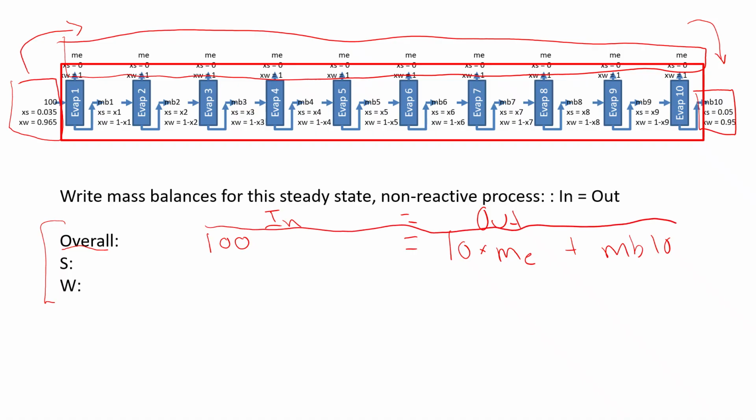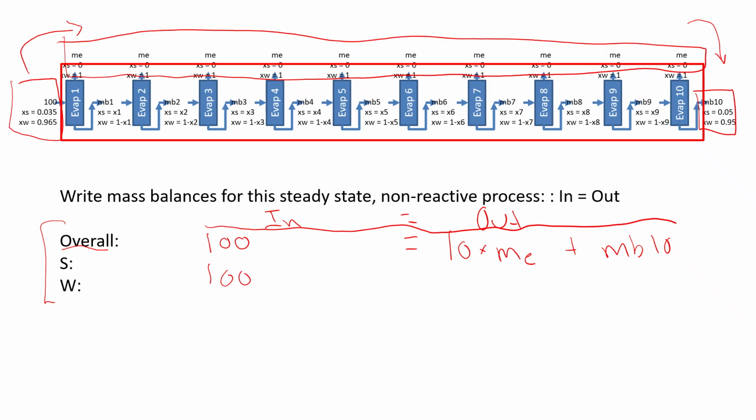Now let's do the same thing for salt and water, each of the components. Having written the overall balance, we can use that as a template for writing the component balances. All we have to do is take the flows associated with the inputs and outputs to this control volume and multiply each of those flows by the fraction of that component that's in that stream. So for instance, let's start here on the input side. We have 100 total coming in.